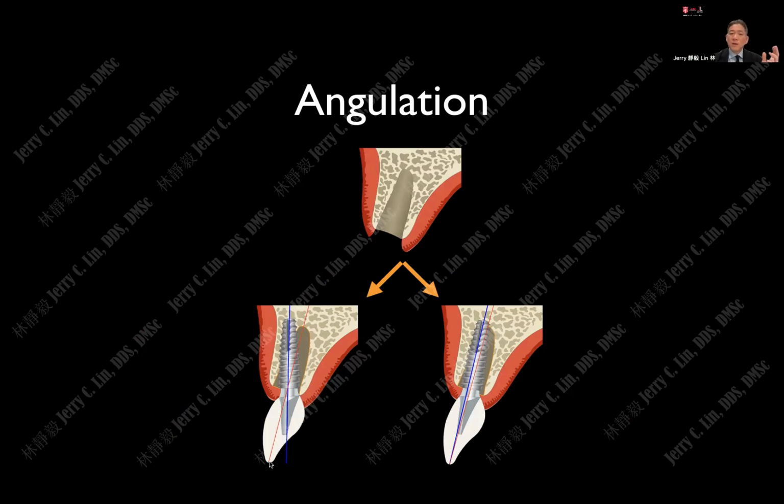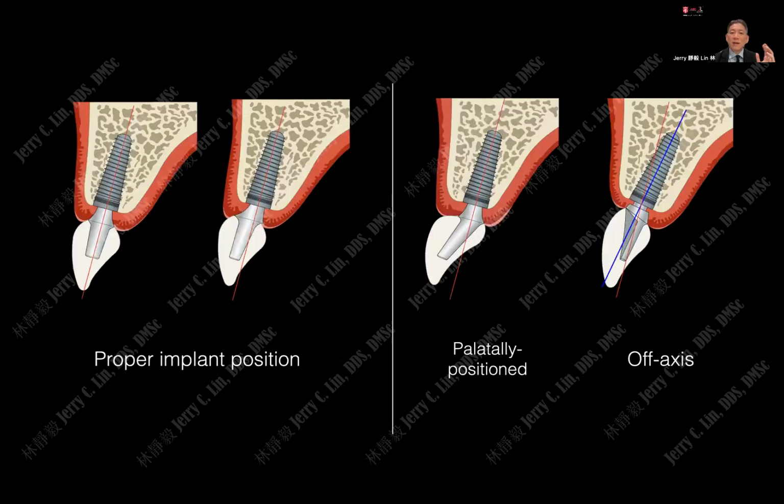But sometimes we don't get a proper implant position or angulation. In general, a palatally positioned implant ends up with what we call a ridge-lapping type of prosthesis, but aesthetically that is very good and would come up with a good result.